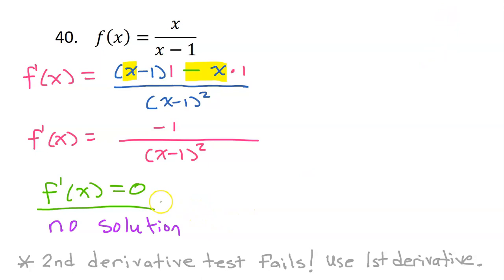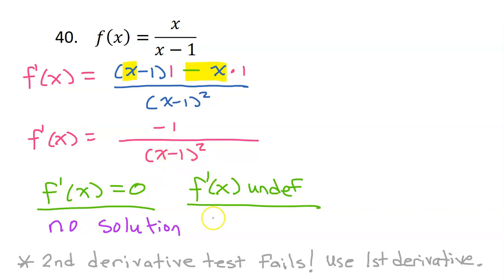So when we do the first derivative test, we not only look at where the first derivative is equal to 0, but we also look at where the derivative is undefined. And we make a sign chart. So there are no places where f prime equals 0, but there is a spot where it is undefined.